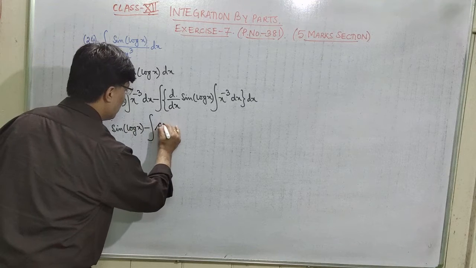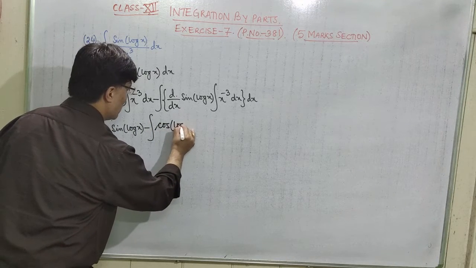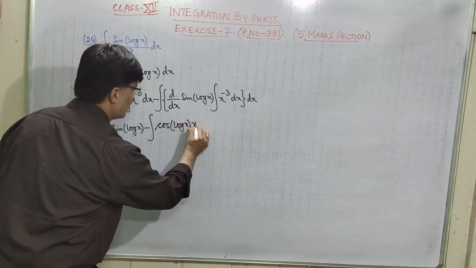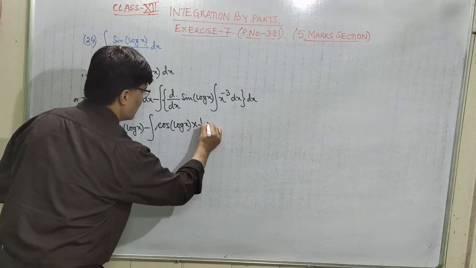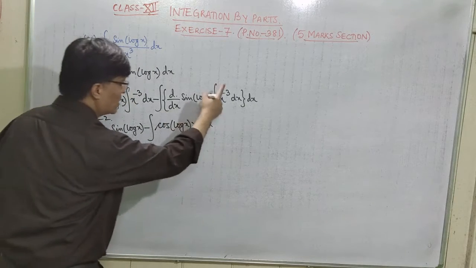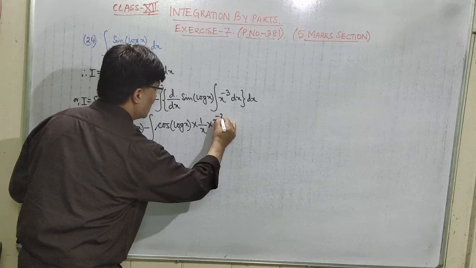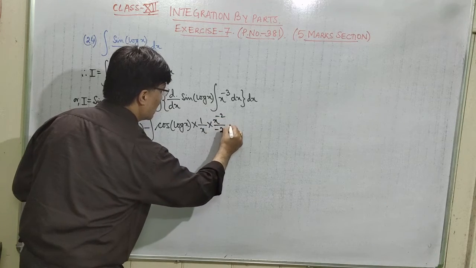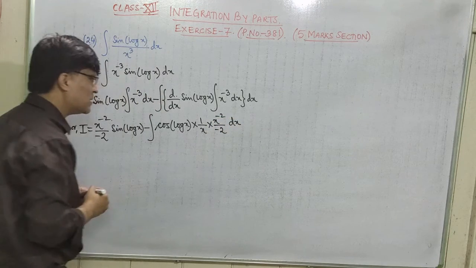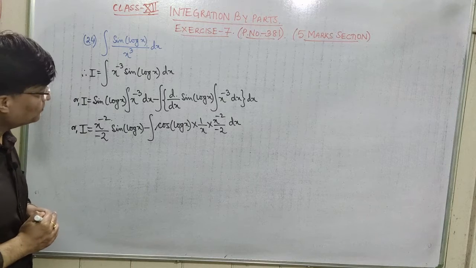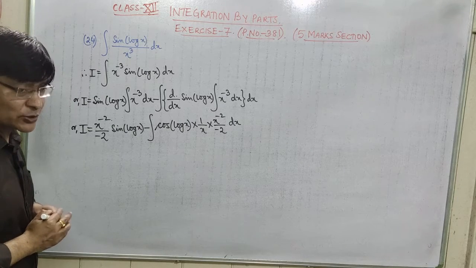So this will be cos of log x, you know that, into what is the differentiation of log x? 1 upon x, into what is integration of x to the power minus 3? x to the power minus 2 divided by minus 2. Then we write dx. So I think you have understood it.